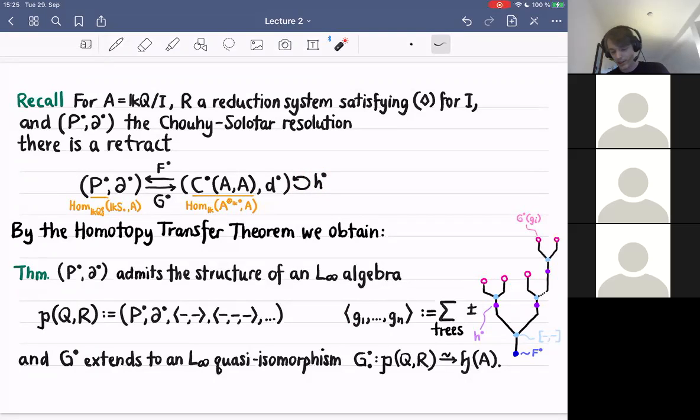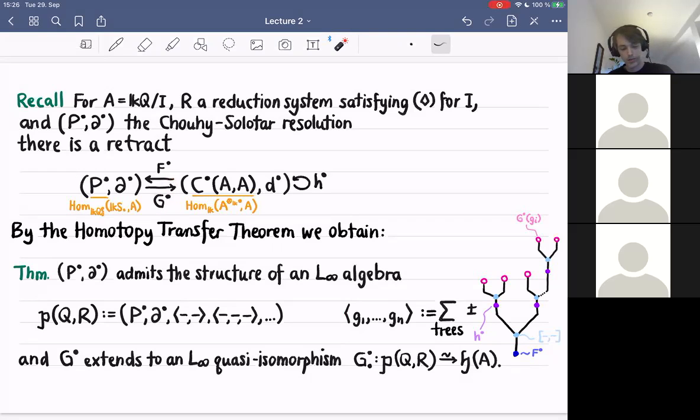And after using the last bracket, you use F again to go back to the complex, and then this defines an L infinity algebra with these brackets.